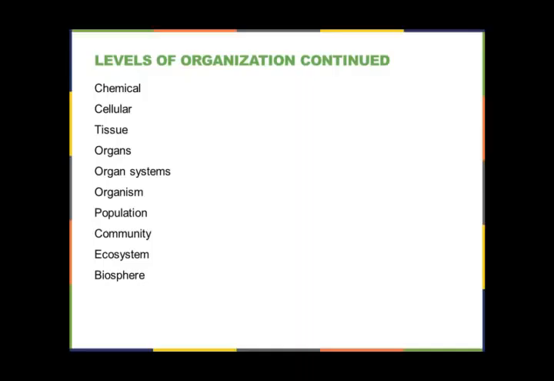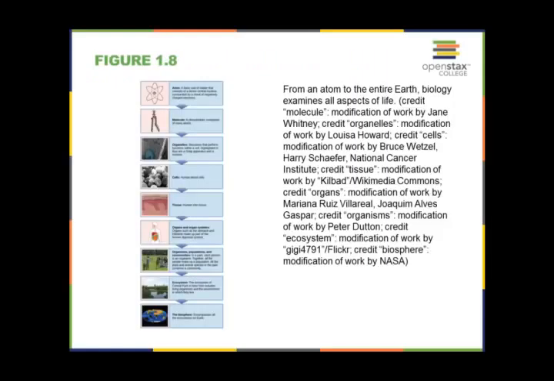And the biosphere is the entire portion of the earth that supports life. So this here just gives you a visual demonstration of those different things, going from, at the top, your atomic level, the molecules, the organelles, the cells, tissues, organs, and organ systems, the organism, the ecosystem, and the biosphere, which includes the entire planet.